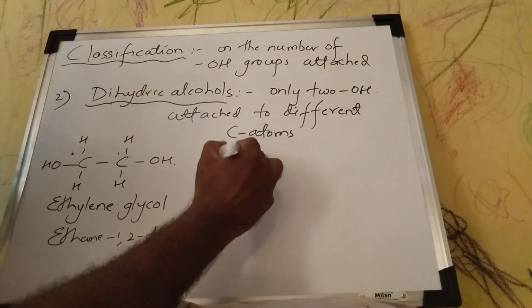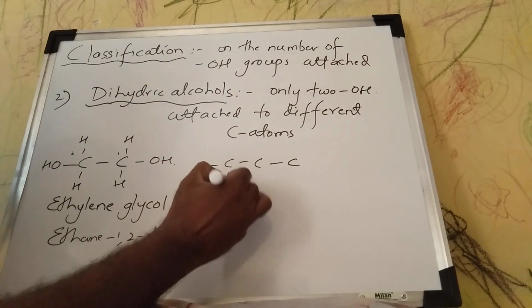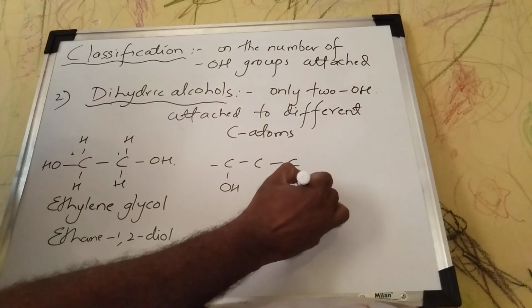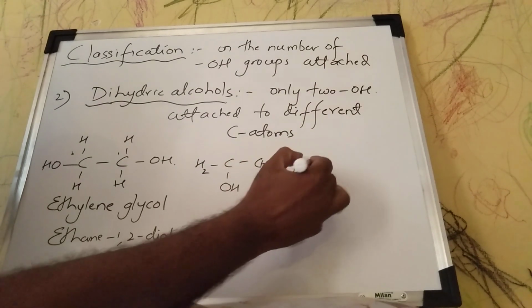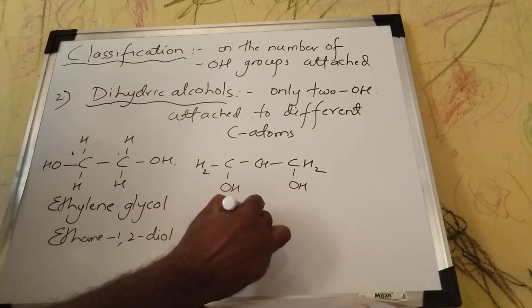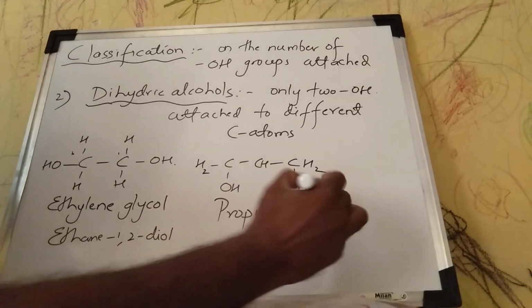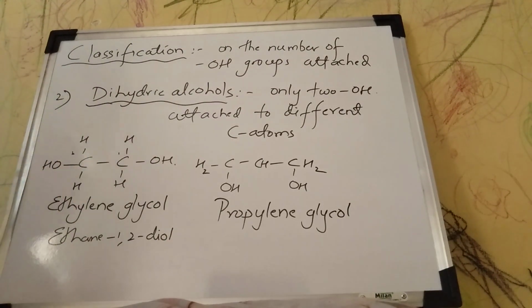Another example with three carbon atoms: OH, OH, CH2, CH, CH2. Three carbon atoms are termed propylene, and the two OH groups are called glycol.